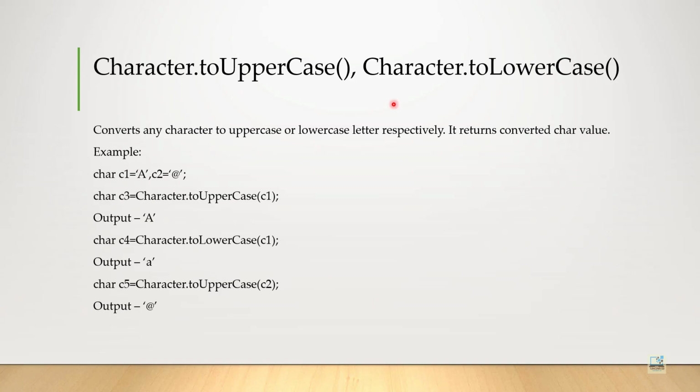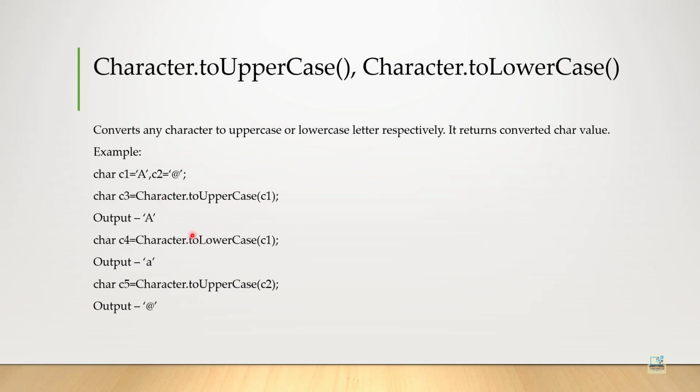And the last two functions we have are toUpperCase and toLowerCase. As you can see in the name of these functions, it is written 'to'. They are not going to check, they are going to convert. So the first function, toUpperCase, will accept any character and convert the character to uppercase. If you pass any character which is not a letter, then the same character will be returned.